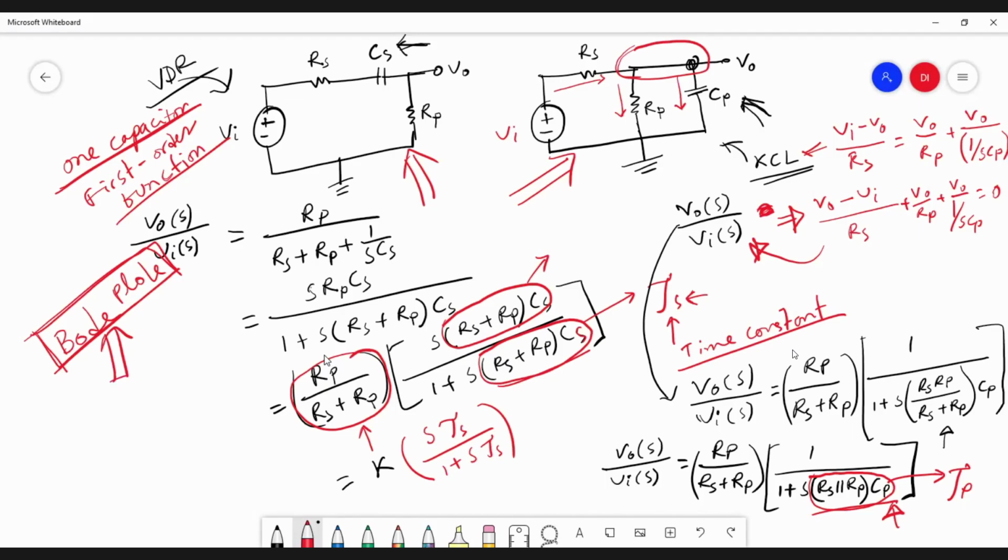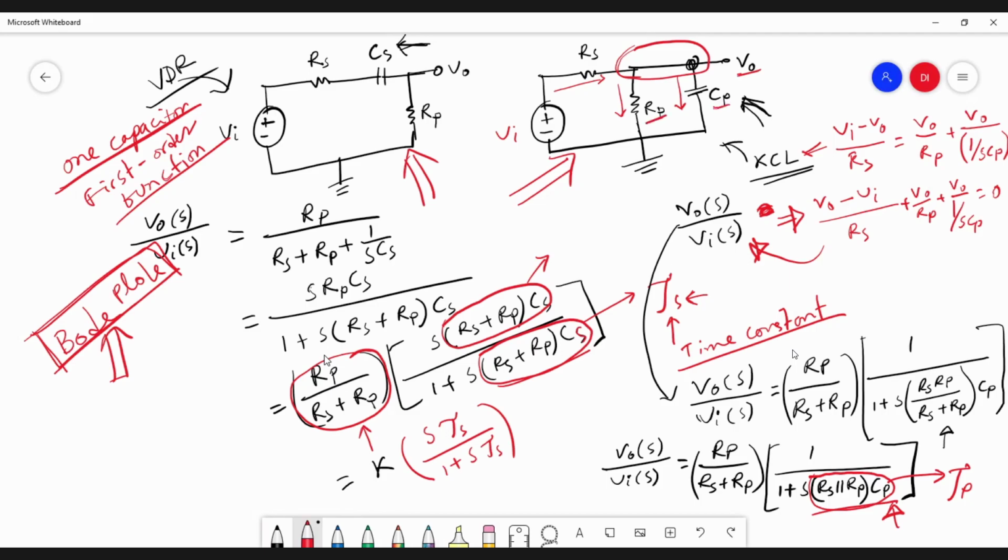Sir, from the parallel one, if I consider that V0 is called VRP, because RP and CP are parallel.